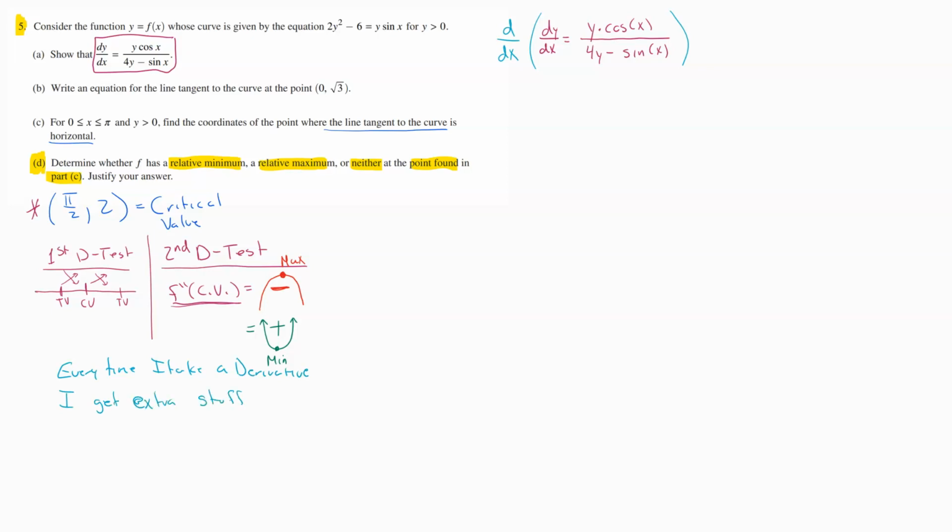What that extra stuff always looks like is d, and then envision a little box on top, over dx. You fill that box in with whatever the letter is of what you took the derivative of. So if you take the derivative of a y term, it would be dy/dx. If it's an x term, it would be dx/dx.